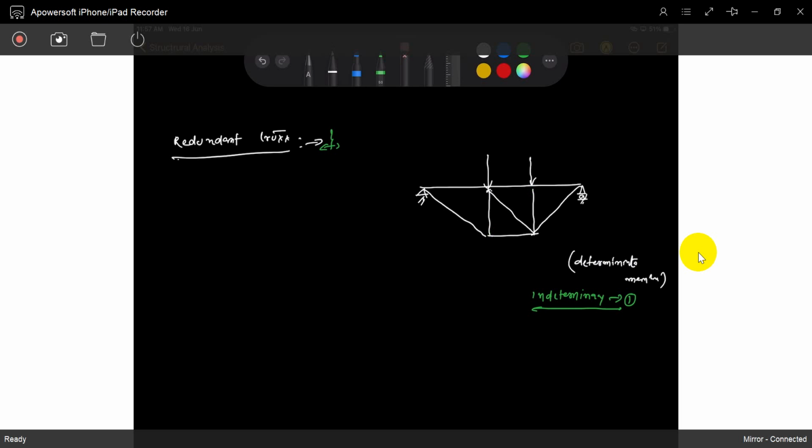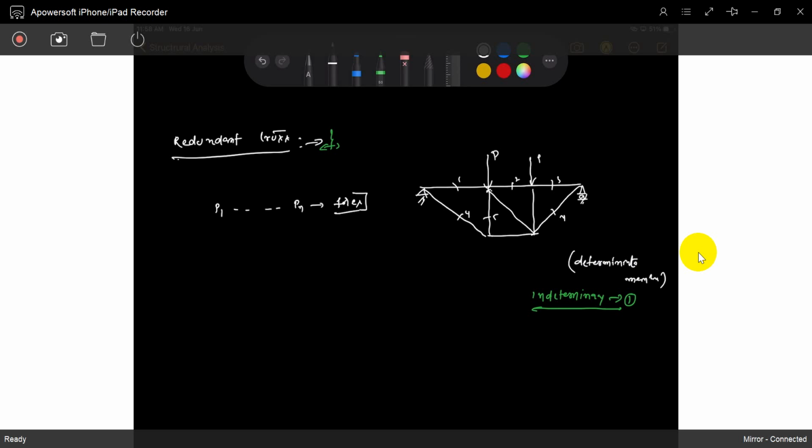Some forces are there, we call them P. Force symbol I call P. So just remove the redundant and calculate each member force, maybe 1, 2, 3, 4, 5, some n. You can take P1 up to Pn. You can call them the P forces.